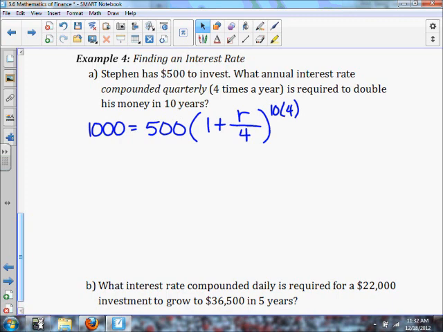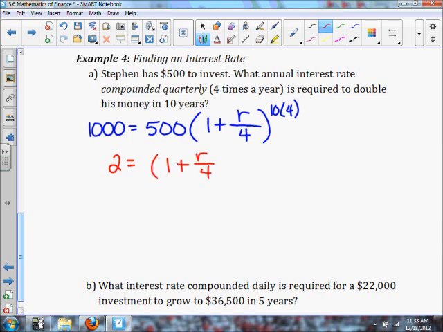All right, so I'm going to divide by 500, so I'm going to have 2 is equal to 1 plus r over 4 to the 40th power. Now, in order to get 1 plus r over 4 by itself, what root do I have to take? I have to take the 40th root.